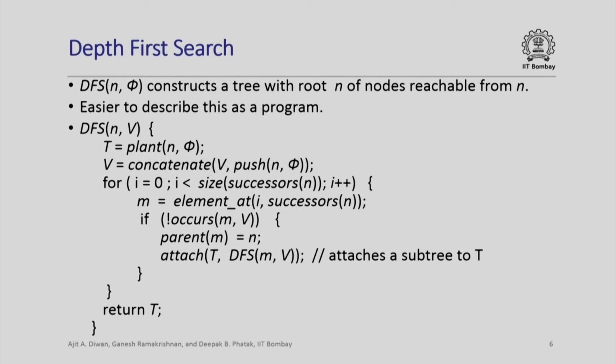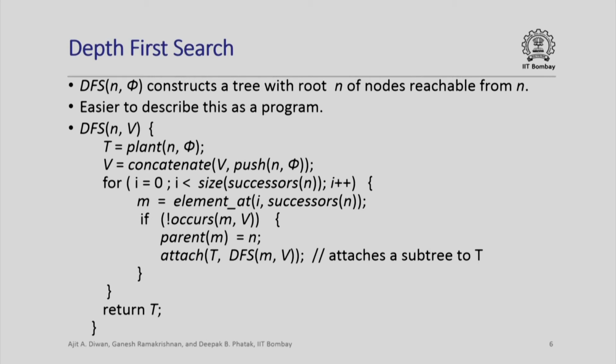And then the path from any node in this tree to n can be found by following the parent array in this tree. So, for every node we will find its parent in this tree, and finally we will come back to the root node which will be n, and that will give us the path from n to any node in this tree.